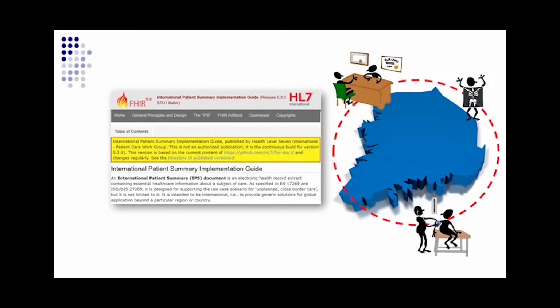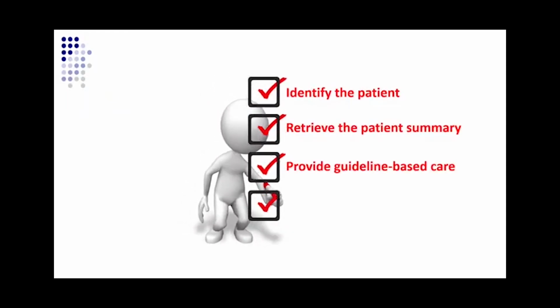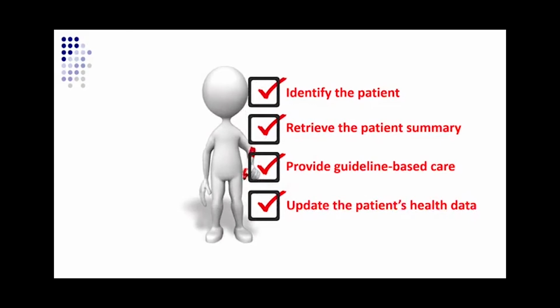This last use case represents a bread-and-butter workflow that happens all day, everywhere. As an essential part of delivering high-quality, cost-effective, patient-safe care, we need to identify the patient, fetch the patient's health story, provide evidence-based, guideline-adherent care, and update the patient's longitudinal health record to reflect the results of the care encounter.